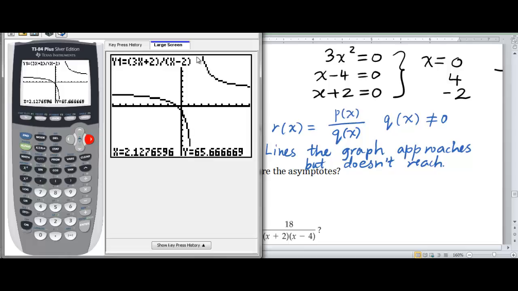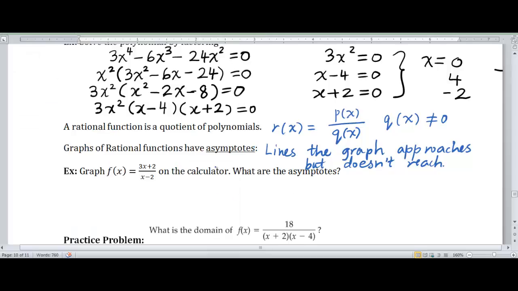And if you try to trace at 2, that value is undefined. Why? Because if we put 2 in for x, we'll get 0 in the denominator. So it seems like x cannot equal 2. So x equals 2 is a vertical asymptote.